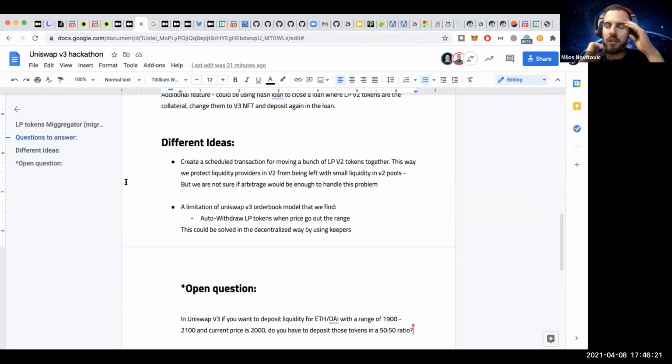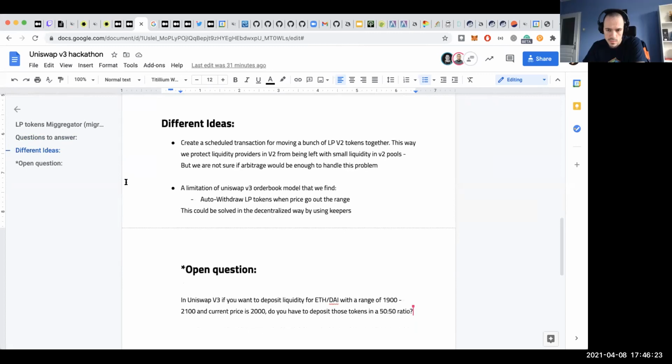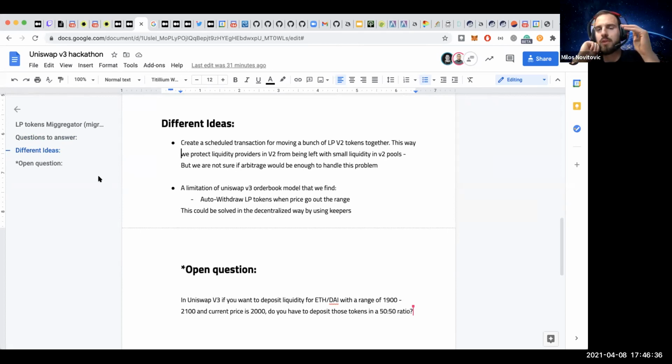I'm not sure it's like that, because in the use cases they were trying to explain, they said, for example, the price of Ether is $2,000, and you set the range from 1,000 to 2,500. And in that use case, you had to deposit 50-50. So the price wasn't in the middle of the range. However, they said you have to deposit 50-50.